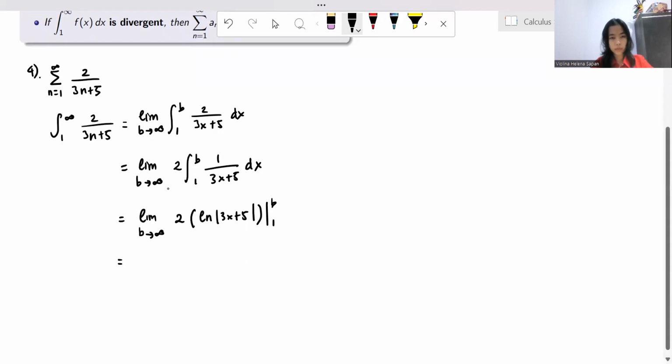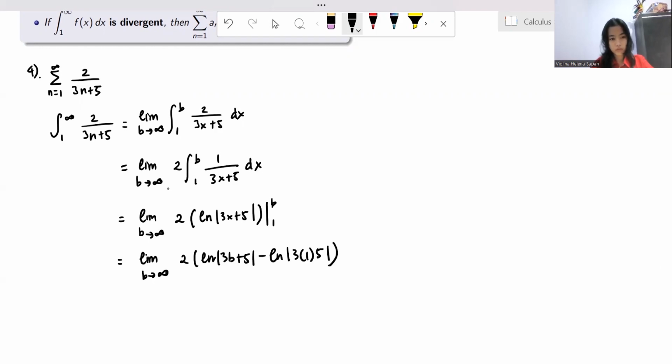So next, we'll substitute the bounds of integration. Okay, and then simplify it a little bit more.